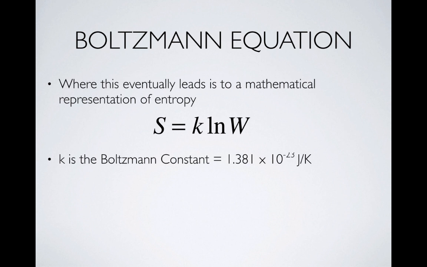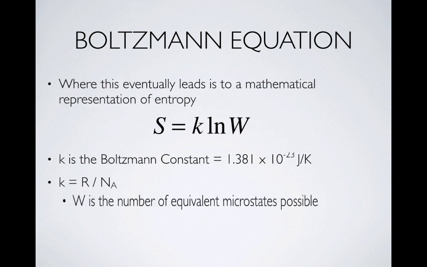The interesting thing with the Boltzmann constant is that it is in fact the gas constant, R, divided by Avogadro's number. So it's 8.314 divided by Avogadro's number, and that gives us the value of k. So this gas constant that we've used for so many different things, for energy and for gases, we've now taken all the way down to the atomic level, and I always find that really interesting.